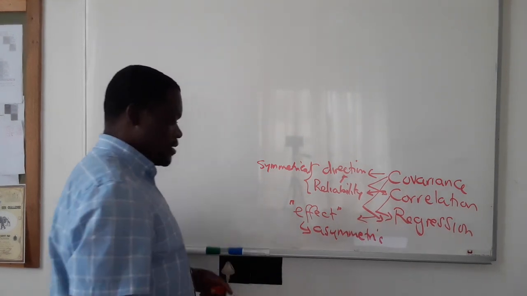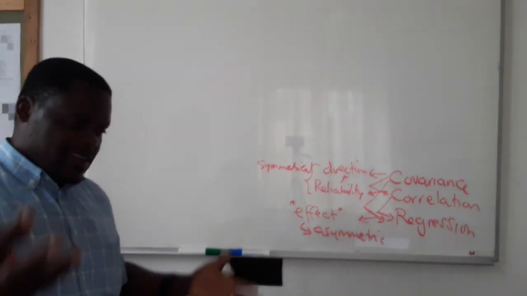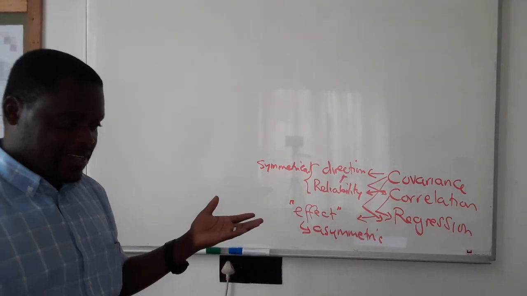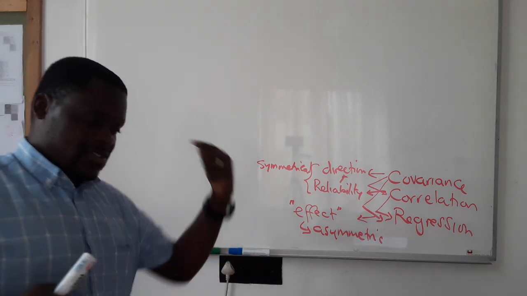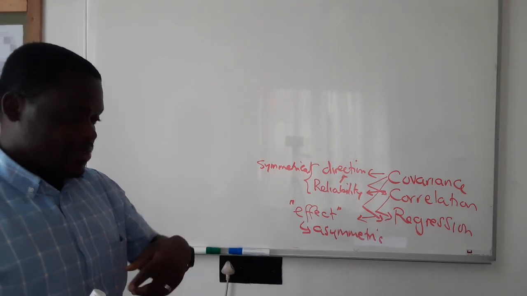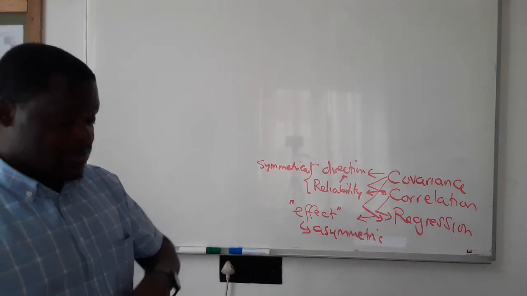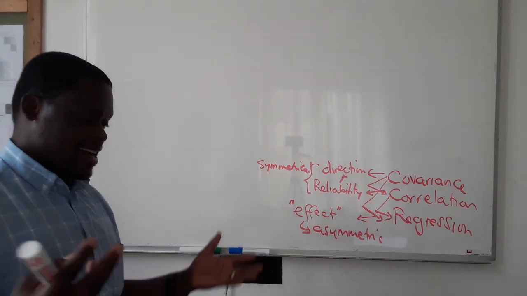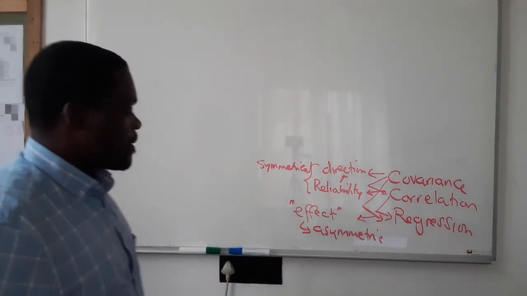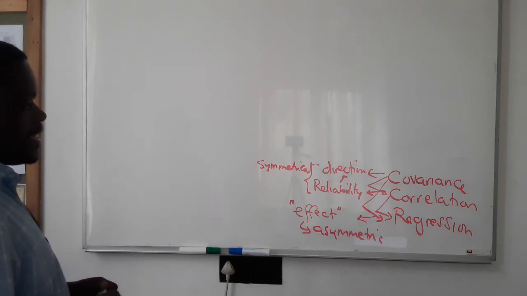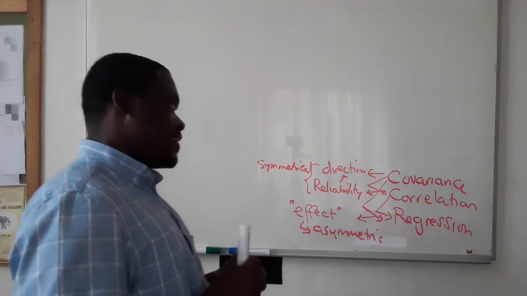What do I mean by this long word? It means that now we know which variable is causing which. The variables don't have the same effect on each other. Rather, one is affecting the other and the other is not feeding back. It is not quantity demanded which affects price, but it is price which affects quantity demanded. So that differentiates regression from correlation and covariance. But today I want to talk about covariance.